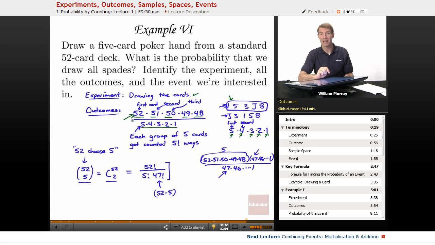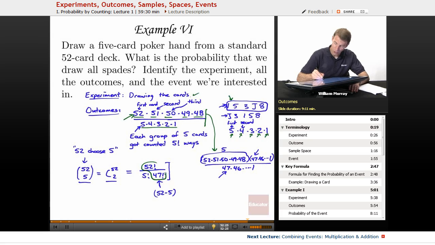So each poker hand, we sort of overcounted by a factor of 5 factorial. So that's our number of outcomes, but then as a clever way to write the numerator, we wrote that as 52 factorial divided by 47 factorial. So that's where this part of our answer comes from. The 47 comes from 52 minus 5, and then this 5 factorial is where we got that 5 factorial in the denominator there.